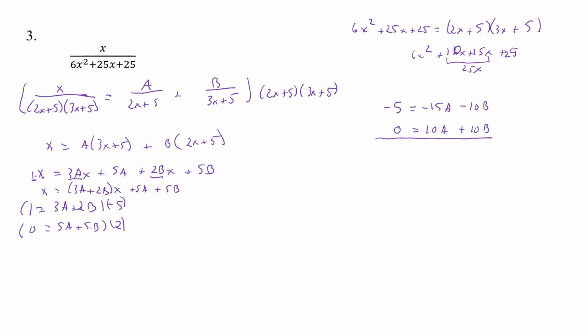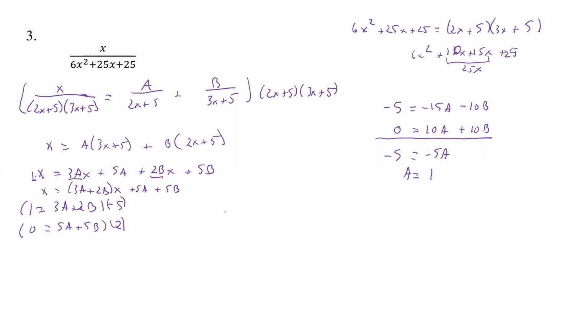And again, there's all kinds of different things you could have taken and solved for a, plugged it into here. It really doesn't matter. All right, so we can cancel here. -15a plus 10a is going to be -5a. -5 plus 0 is -5. So that means a is equal to 1. Okay. Well, if a is 1, then we can go back over here and solve for one of these.